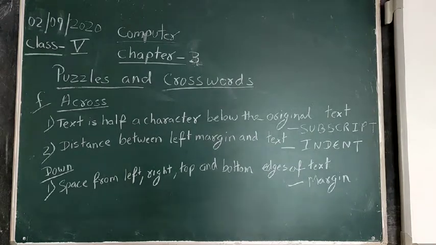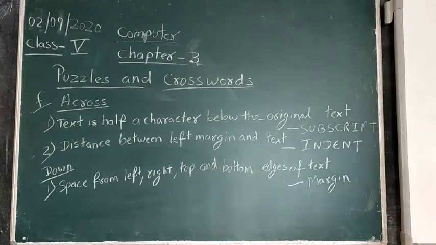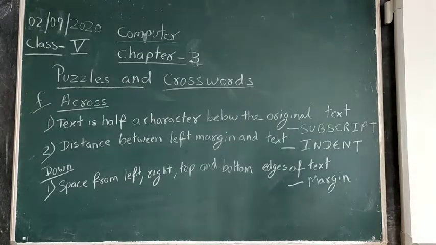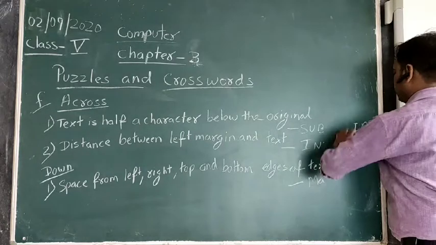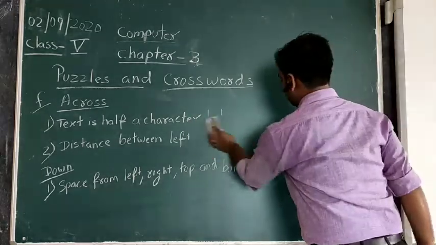And then downward, a space from left, right, top and bottom edges of text is known as margin. Okay. Now this is all about the puzzles and crosswords related to your syllabus for the quarterly exam.